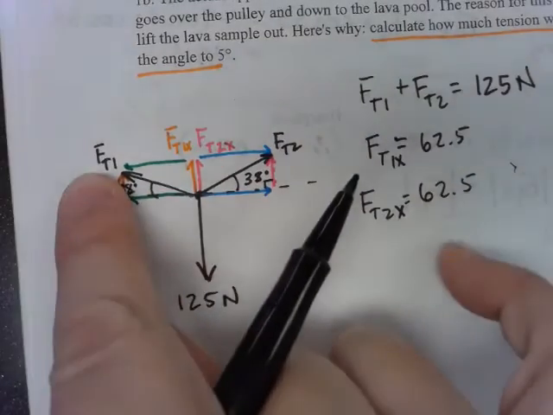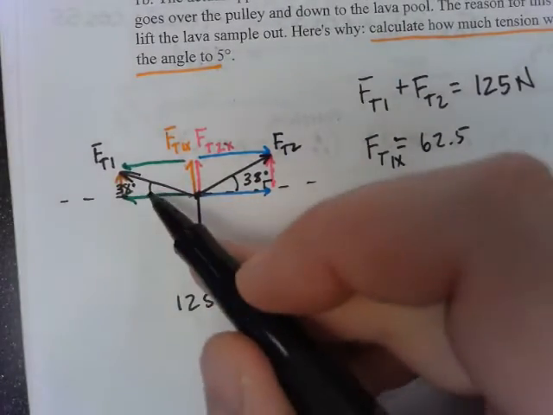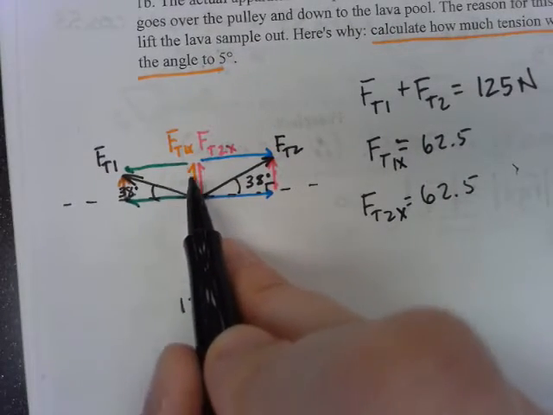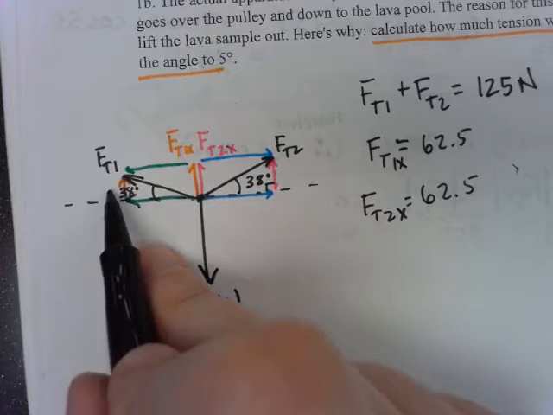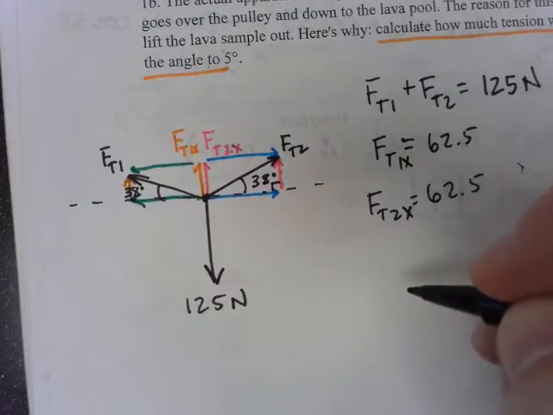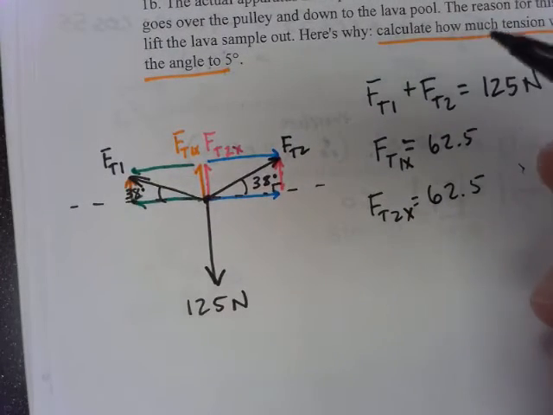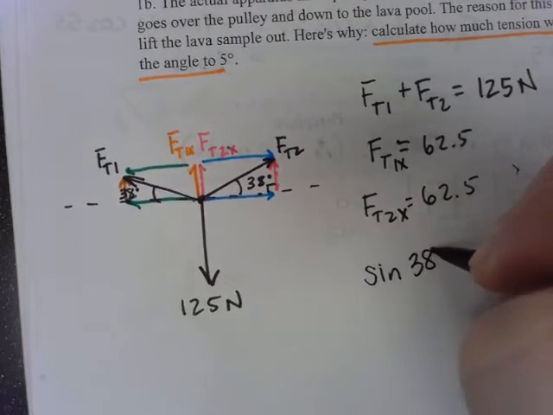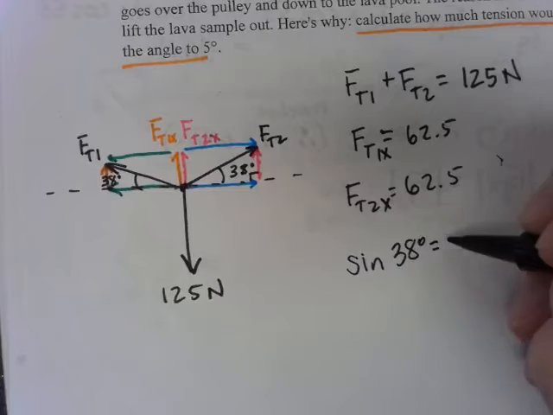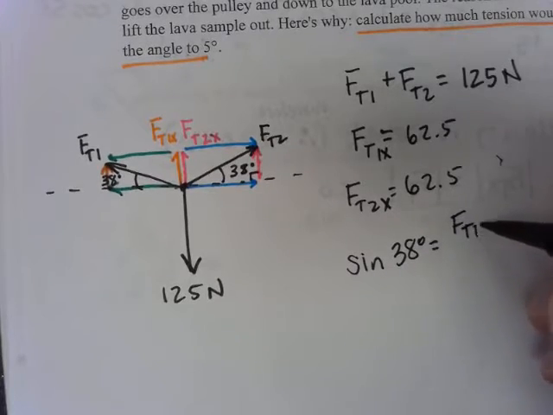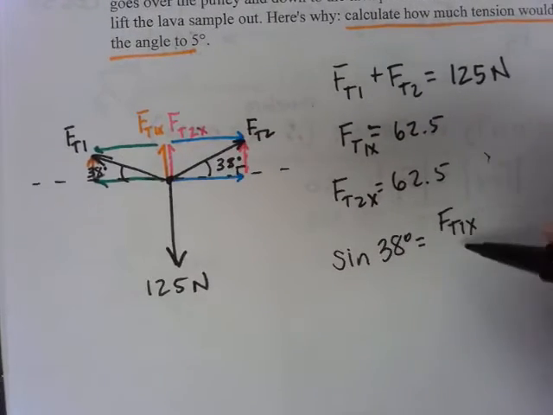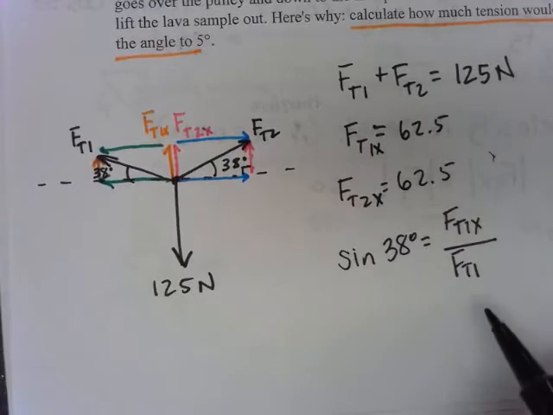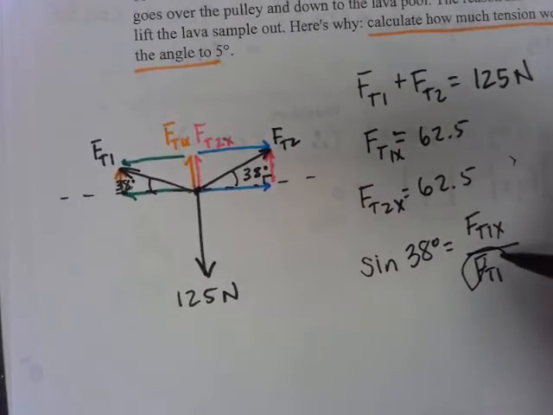All right, so if I'm going to solve for FT1, I'm going to use this relationship here with the opposite side, the orange line, and the angle. So if I'm using the opposite side, that's going to be my sine. So we can say the sine of 38 degrees is equal to FT1x, right, the orange one, divided by FT1. What I'm trying to solve for is this.